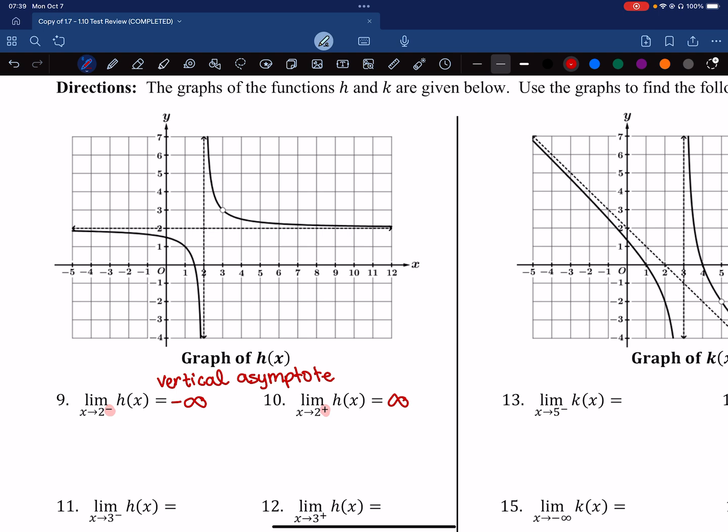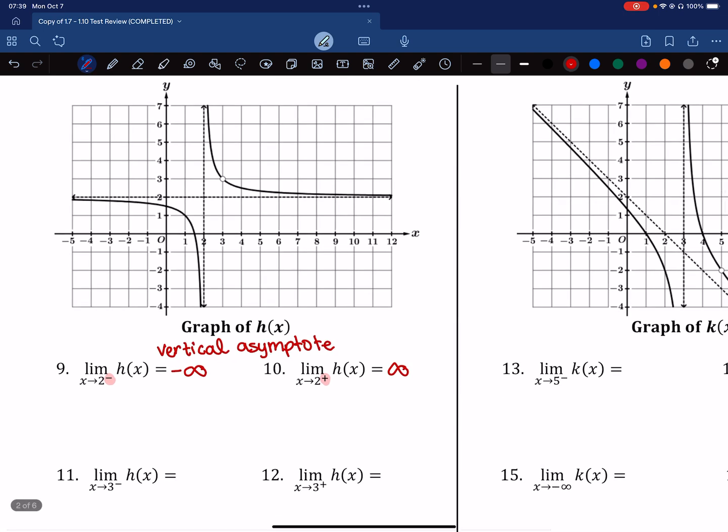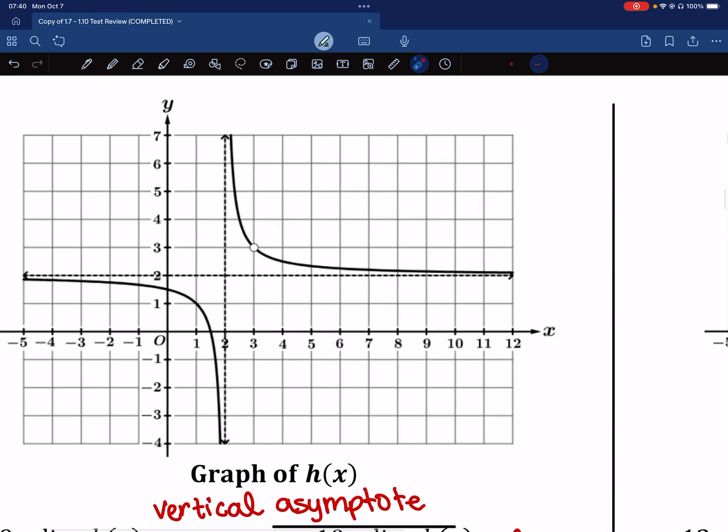Okay. If we look at number 11 and 12, so this time we're approaching the number 3 from the left and the number 3 from the right. So if I'm approaching 3 from the left, that means I'm approaching right here.